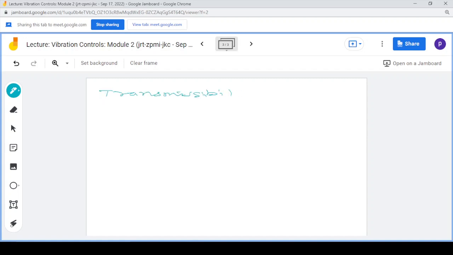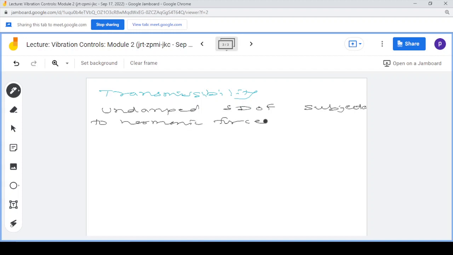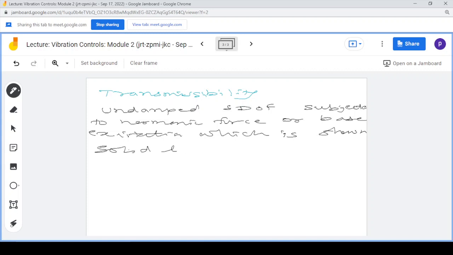So let us consider the undamped single degree of freedom system subjected to harmonic force or base excitation, which is shown by solid lines.